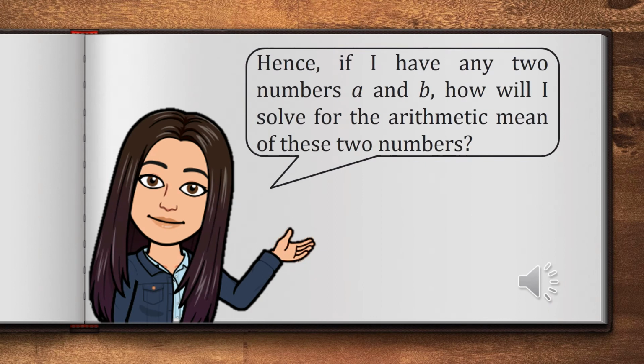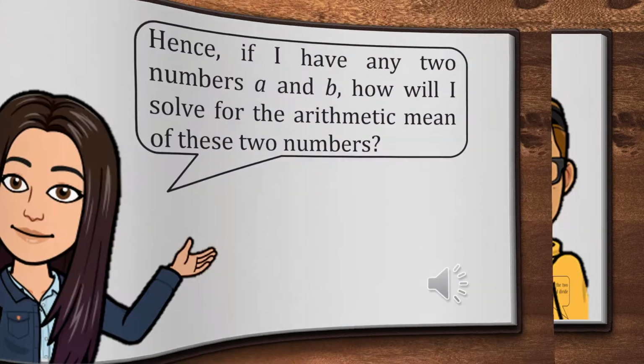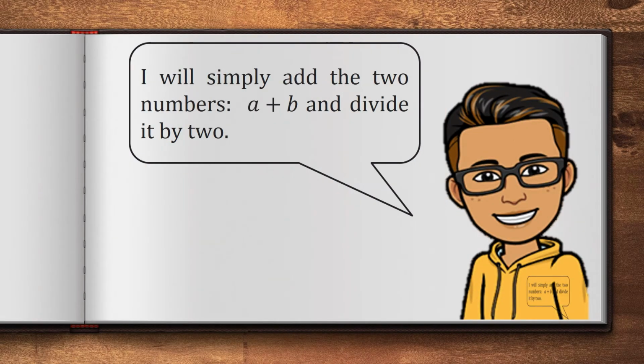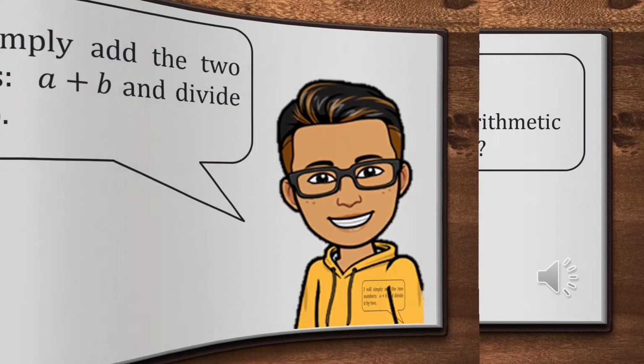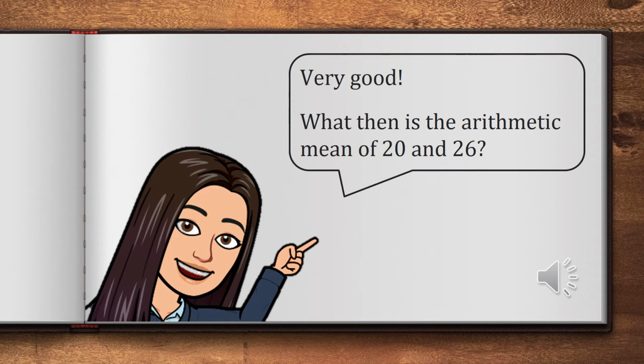Hence, if I have any two numbers a and b, how will I solve for the arithmetic mean of these two numbers? I will simply add the two numbers, a plus b, and divide it by 2. Very good!